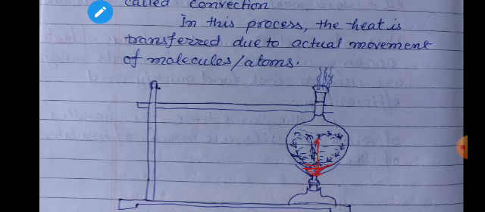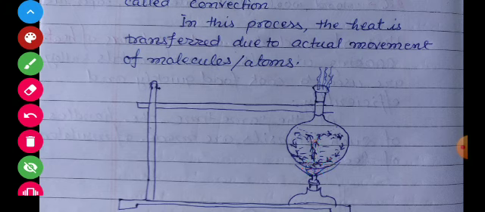So here, students, whatever molecules are getting heated at this place, all these molecules of water are rising in the upward direction. And see, students, if the molecules present at this place start rising, then definitely at the bottom the place will become empty. The place which has become empty cannot remain empty.